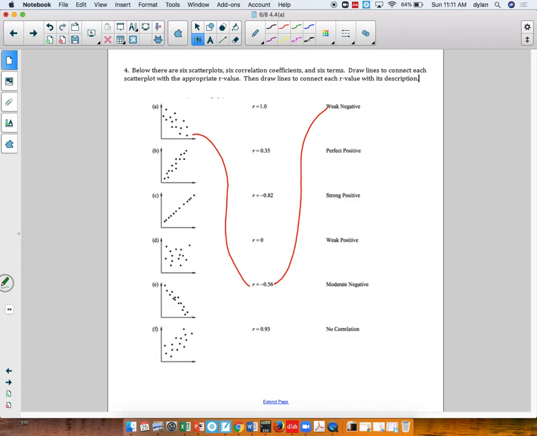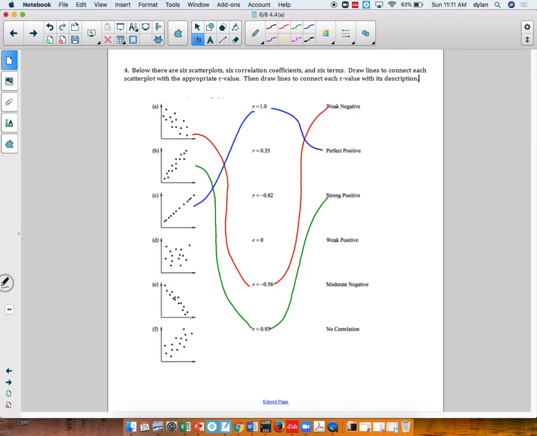All right, for part B, I can see that it's positive, and I can see that it is well correlated, although perhaps not perfectly correlated. So I would probably connect that to the bottom one, and then connect that to strong positive as well. Part C is perfectly positive. So I would connect that to R equals 1 and perfect positive.